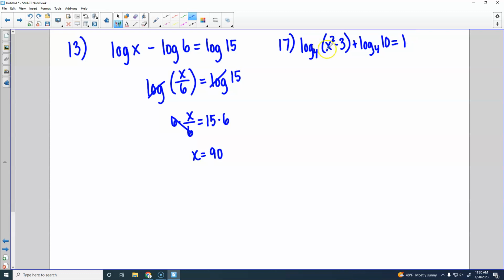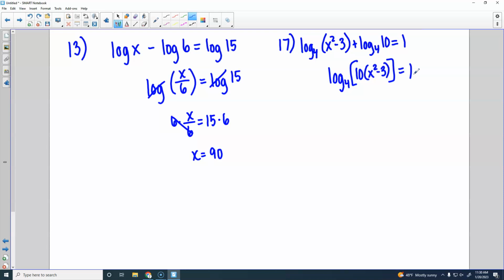So when I put those together, I'm going to have log base 4 of, I got to do 10 times x squared minus 3, like that, because we've got addition, which is going to be multiplication when we put those together. So we are multiplying the 10 and the x squared minus 3.